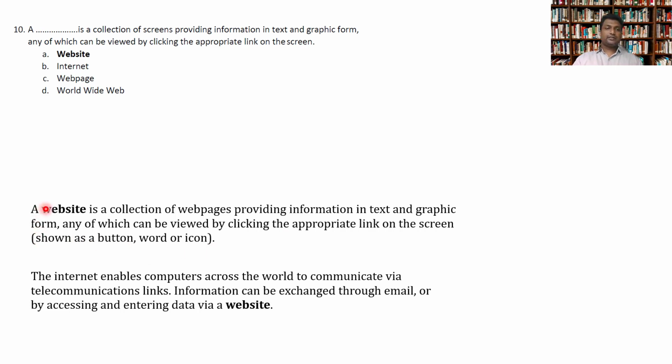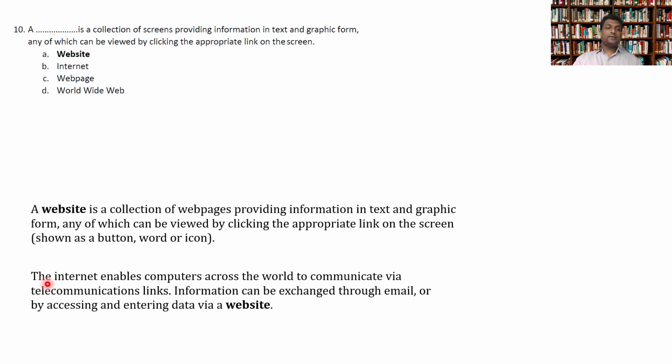So website will have many web pages. Web pages will have text and graphic and links and all that, and those collection of web pages belongs to one website, and then it becomes a website because it's a collection of screens, or we can say collection of pages.